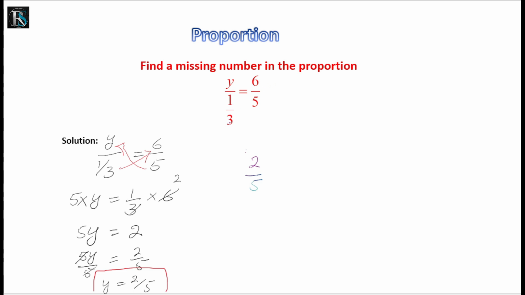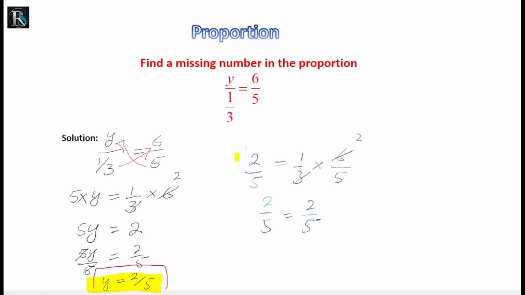If here it is in division, there that would be multiplication, and we will get 6 upon 5. And then we will simplify and we will be left with the same fraction. So this means this is the solution of this proportion. The missing number is 2 upon 5.